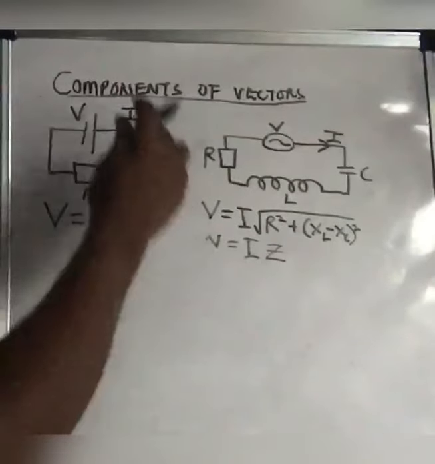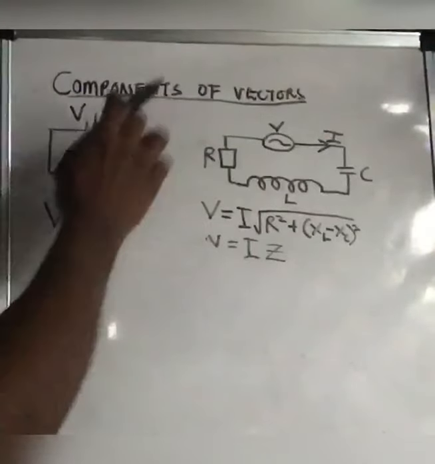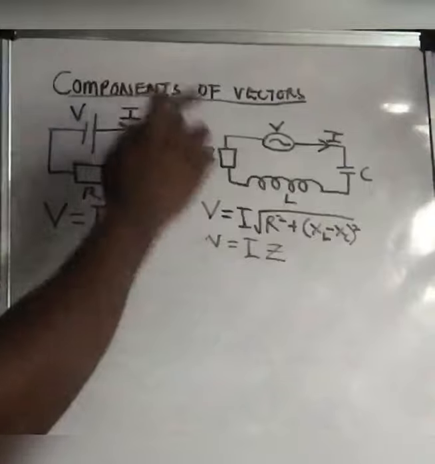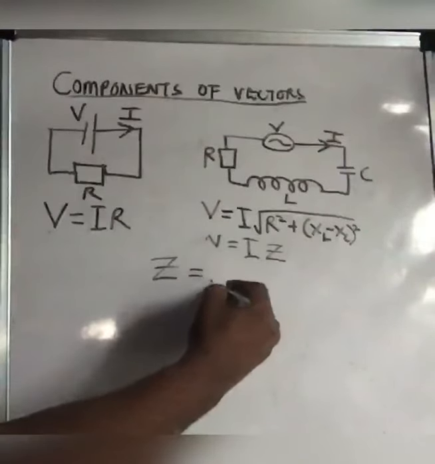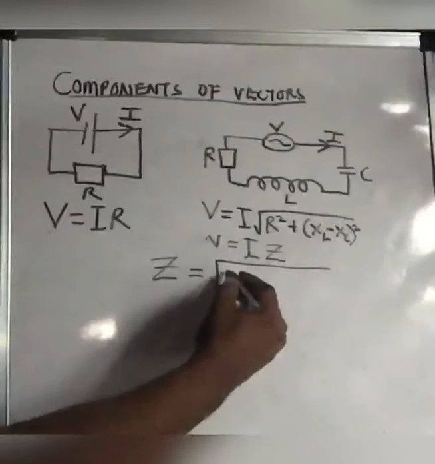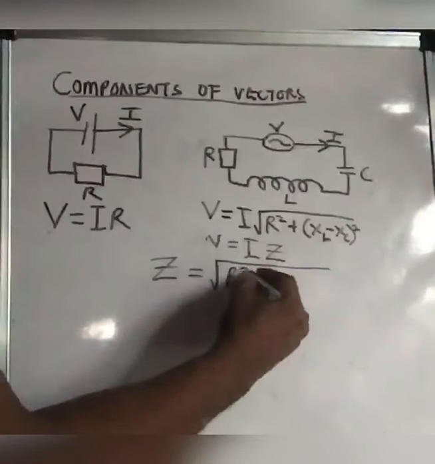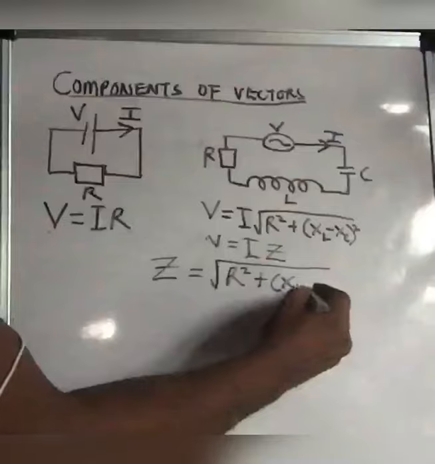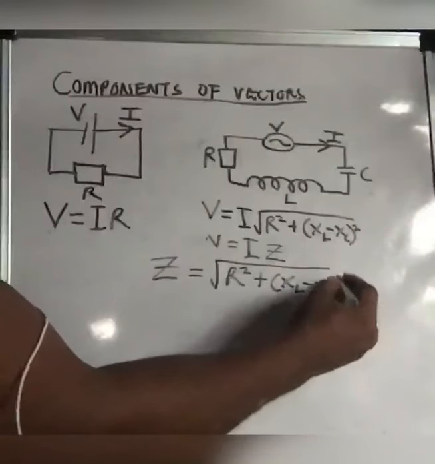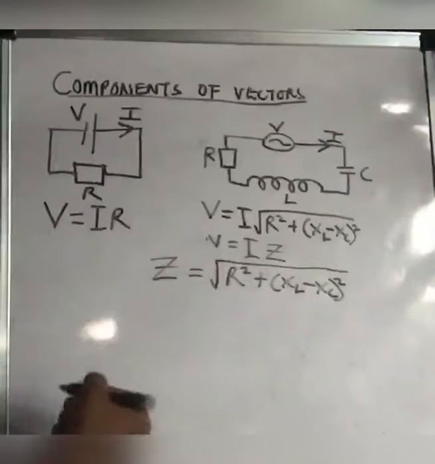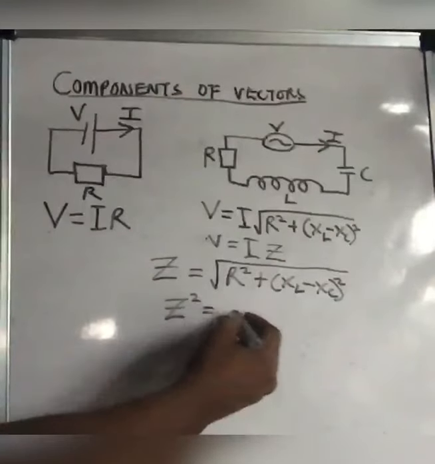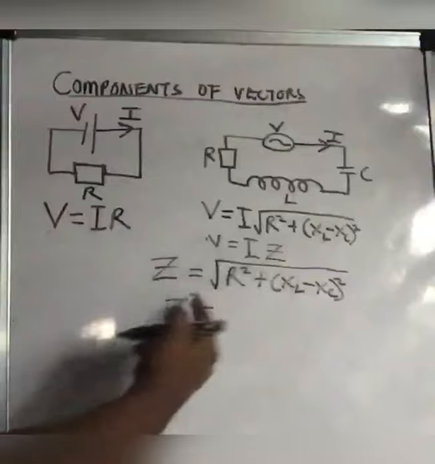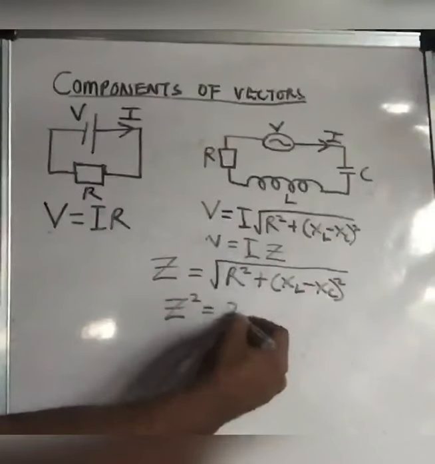So now the main aim, to relate to our component of vectors we're talking about, is the impedance. Just compare this impedance relationship. Just look at it closely. What does it look like? By the time you square both sides, you have this.